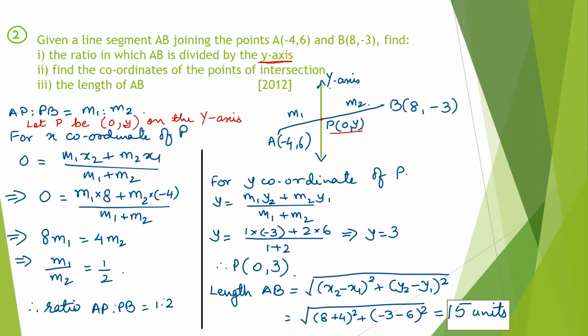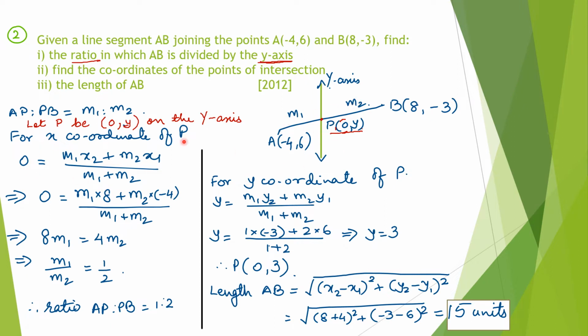Now AP is to PB, I don't know what is the ratio. I have to find the ratio m1 is to m2. So what we will do is use this x coordinate, which I know to be equal to 0, to find the ratio m1 is to m2.